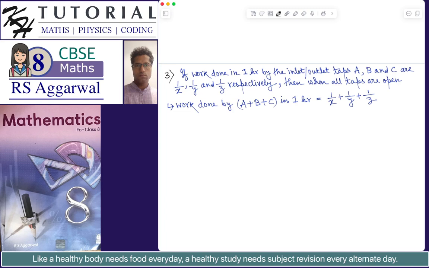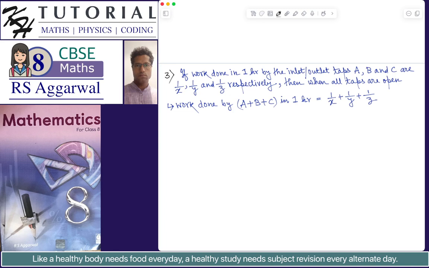It is not mentioned whether tap A is an inlet or outlet tap, or whether tap B is an inlet or outlet tap. The nature of the taps A, B, and C is not known. It is just known that in 1 hour the work done by tap A is 1 by x, by tap B is 1 by y, and by C is 1 by z.